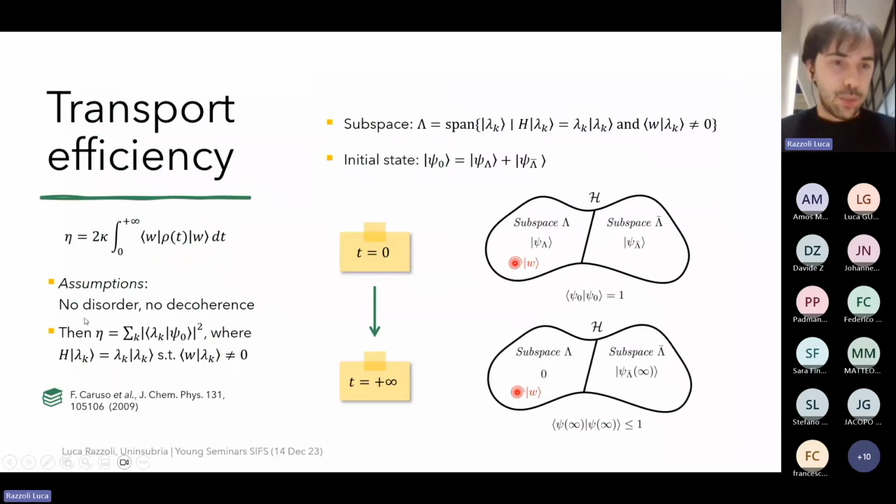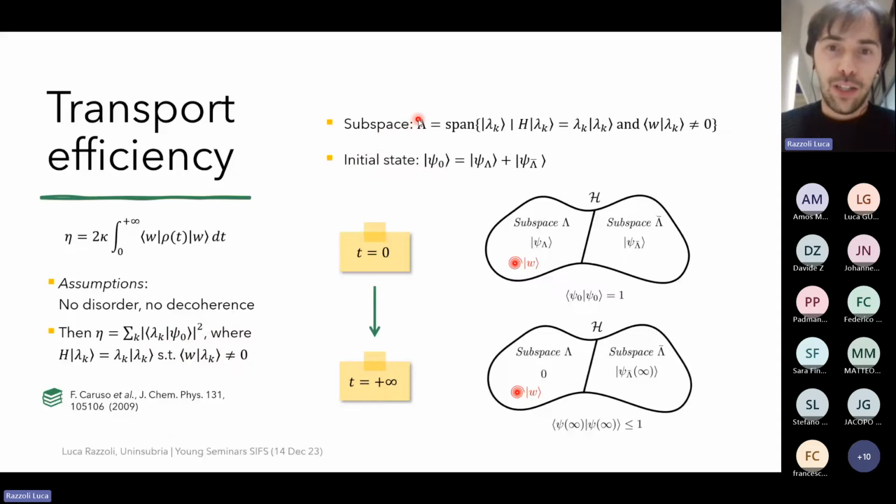Under this assumption, so no disorder and no decoherence, it is possible to show that the transport efficiency, which is defined in this way, can be conveniently computed as the overlap of the initial state with the Hamiltonian eigenstates that have a non-zero overlap with the trap vertex. Why this?